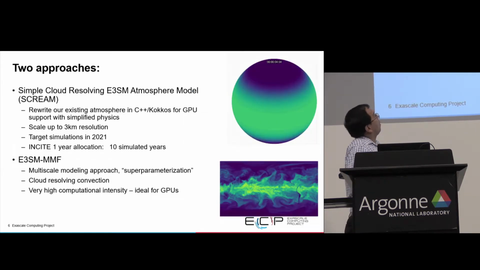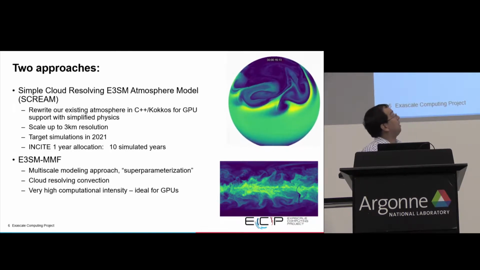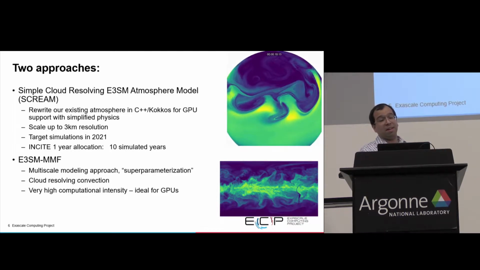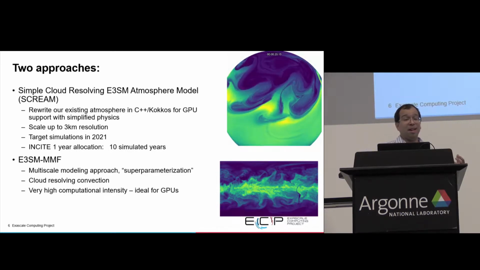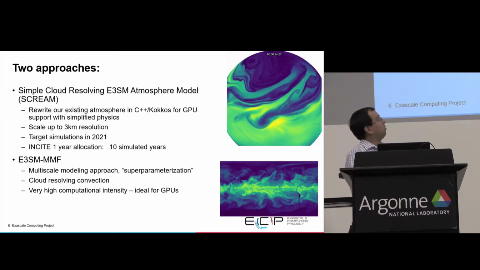And there are two approaches you can take to dealing with clouds and convection. Right now, you'll see it in E3SM, there are a lot of interesting acronyms. Our simple cloud resolving atmospheric model is just called SCREAM.